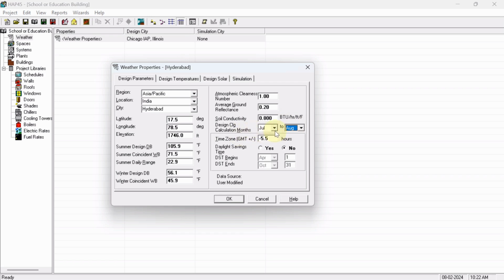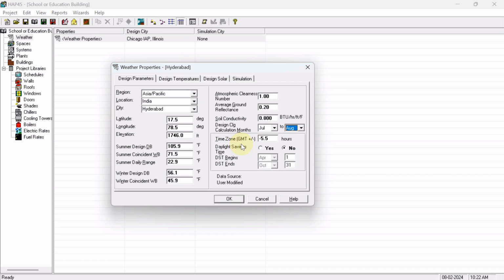Okay, next you can see the option is written here. Time zone is showing GMT plus minus 5.5 hours. So what is a time zone? You can say a time zone is a region of the earth that has the same standard time. Time zones are primarily based on the longitudinal division of the earth, with each zone roughly spanning 15 degrees of longitude or 1 hour of time difference from the neighboring zone.